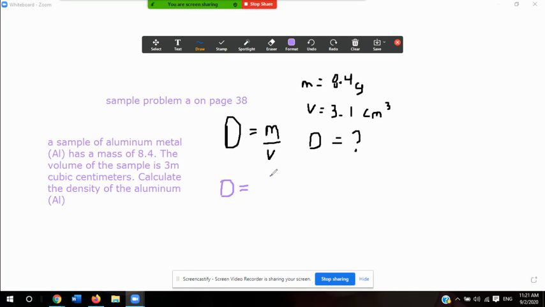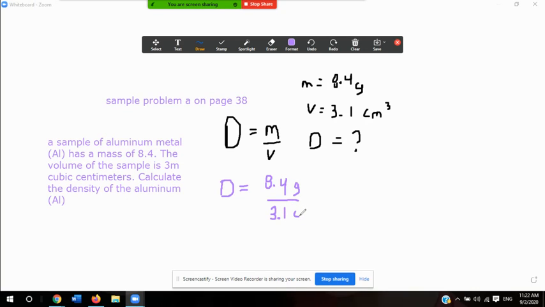Instead of writing M, you're going to write 8.4 grams, of course, because that's the unit that was given to us. And for volume, instead of writing V, I'm going to write 3.1, of course centimeters cubed.